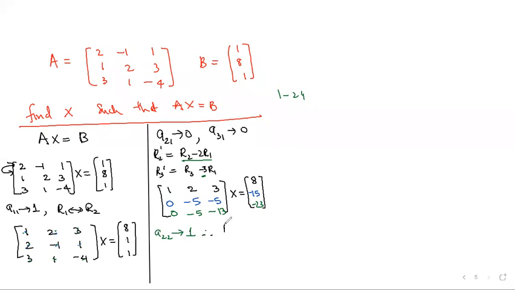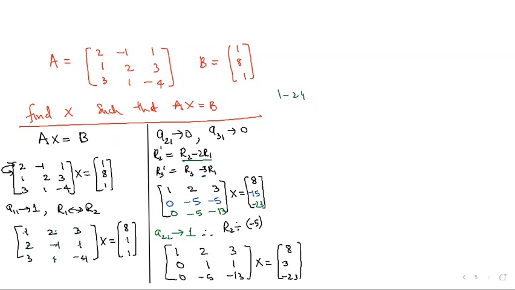So, therefore, divide R2 by minus 5. 1, 2, 3, 0, 1, 1, 0, minus 5, minus 13 into x. 8, 3, minus 23. Oh, already answers 11. You gave the whole answer.